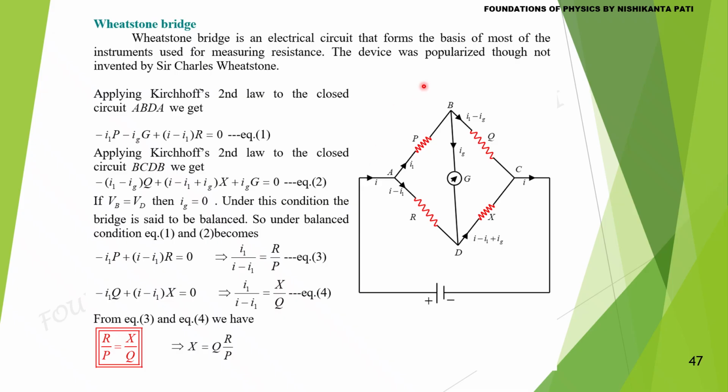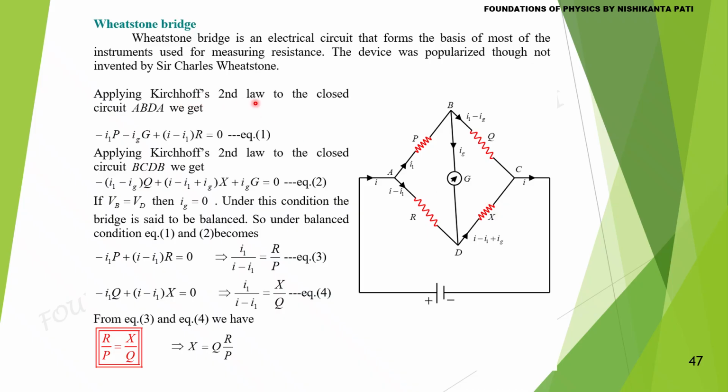Let the current distribution be by Kirchhoff's first law: I, then I1, I minus I1. I1 reaching B divides; Ig flows through the galvanometer of resistance G, and I1 minus Ig flows through resistance Q. Ig reaching I minus I1, they merge and become I minus I1 plus Ig that flows through X.